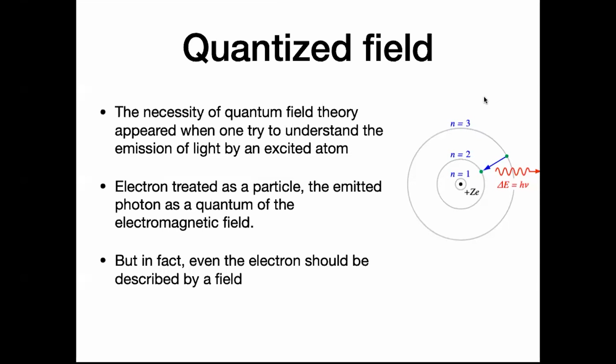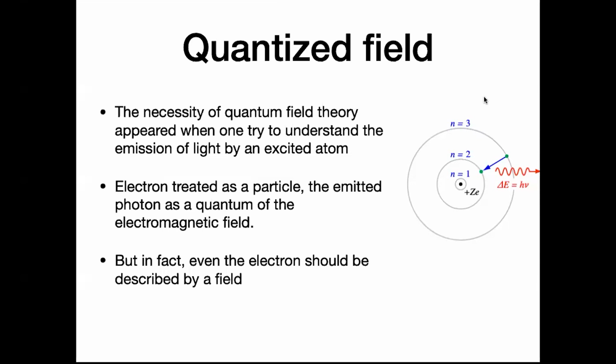In order to compute the rate of such a process, one has to be able to treat the electromagnetic field as well within a quantum framework. That was the first case, I think, when one needs to quantize the electromagnetic field.